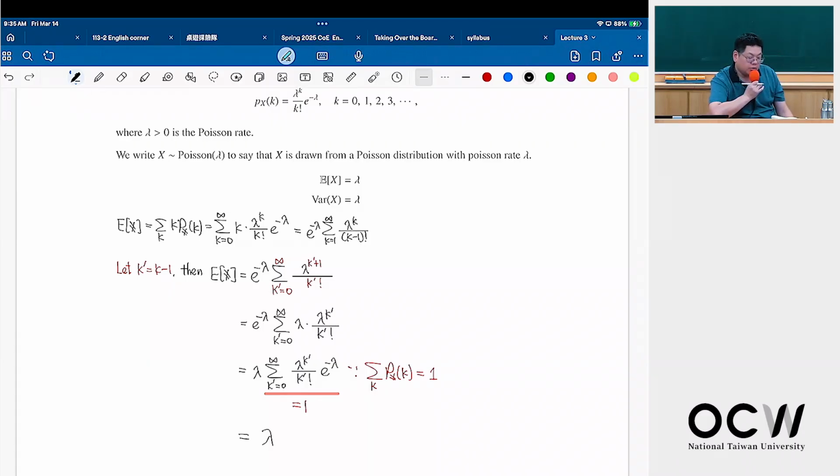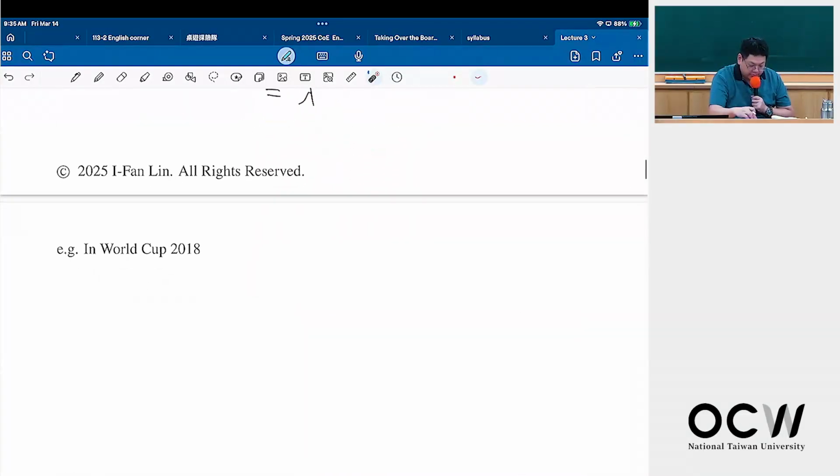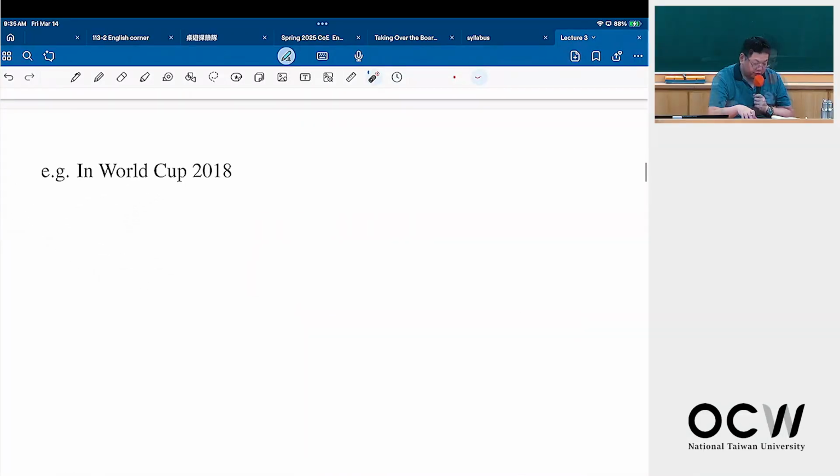Okay. So based on those 4 random variables, let's see some examples. So first, suppose that in World Cup 2018, I would like to find the probability of Cristiano Ronaldo, okay, so he does the hat trick in one game.